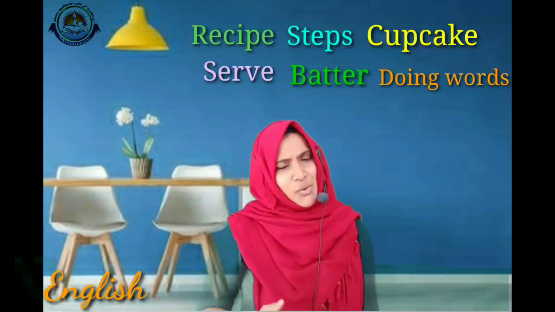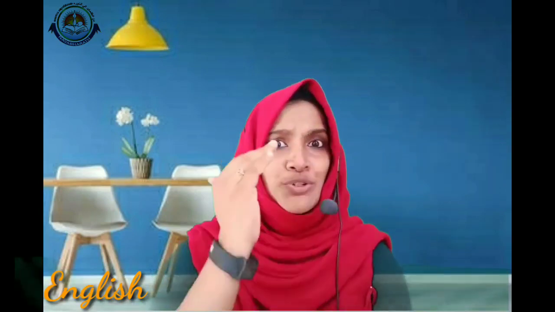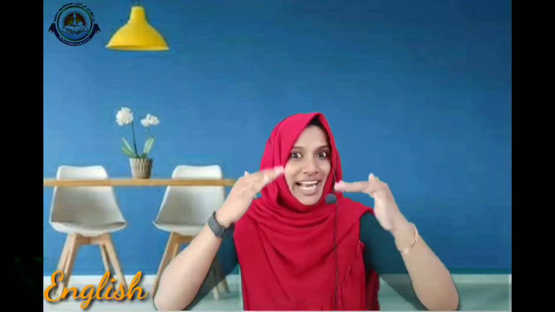Yes, dears. Now I want to ask you, do you want to eat Maggi noodles? Do you like it? Okay, then how many of you know how to make this Maggi? First of all, we take some water in a pot, keep it on the gas stove and let it boil.